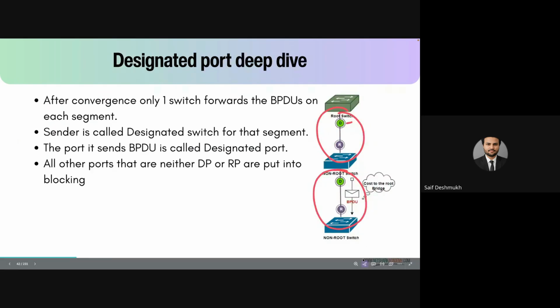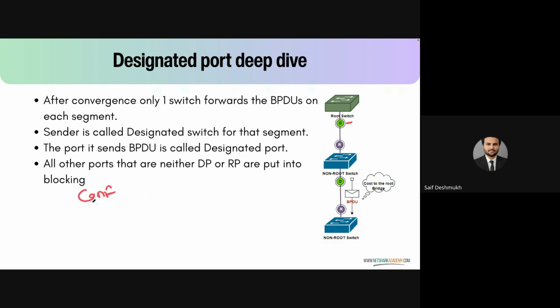Let's go back. I said a TCN BPDU. Until now, those BPDUs that we were discussing are called configuration BPDUs. A separate BPDU is called the topology change notification BPDU.